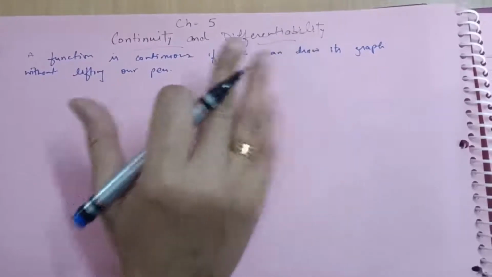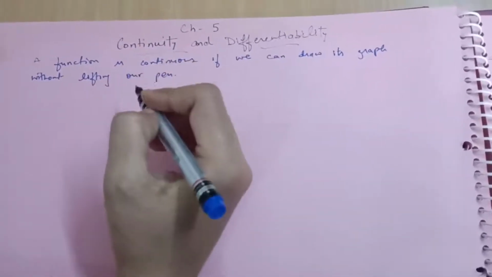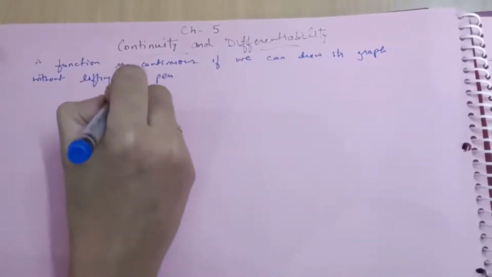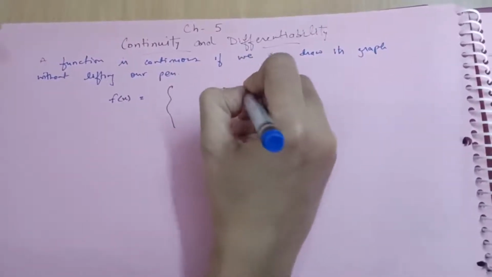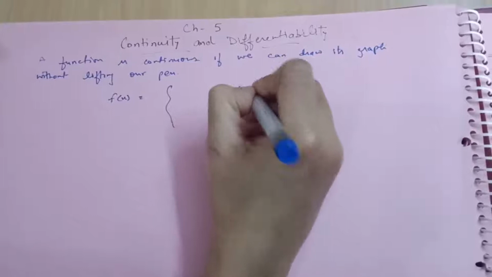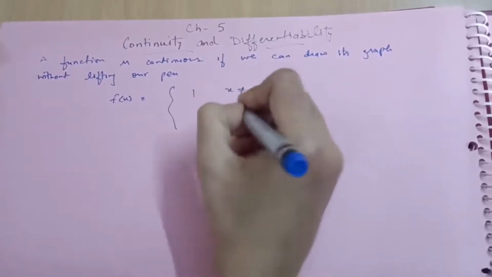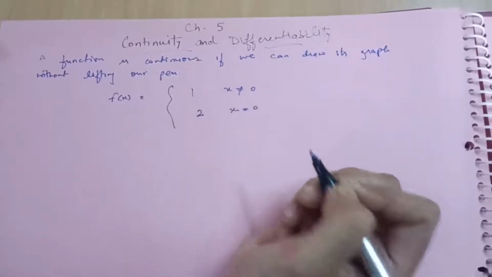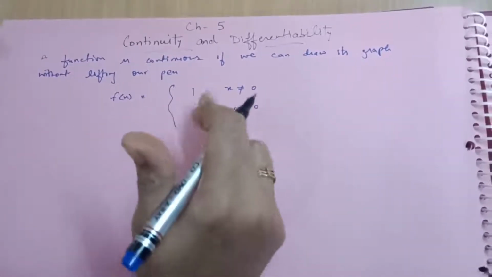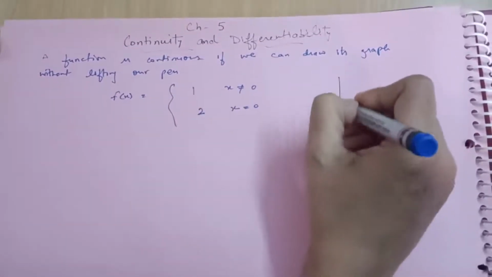Suppose I give one example of a function f(x). It is given as 1 when x is not equal to 0, and at x equals 0 its value is 2. How are we going to draw it? I will give you a rough sketch.